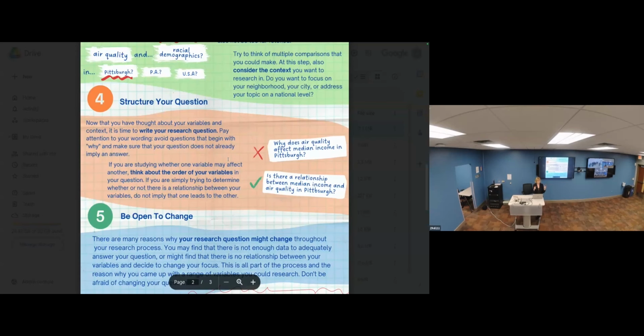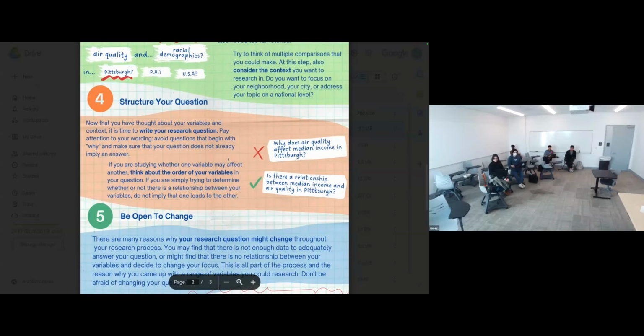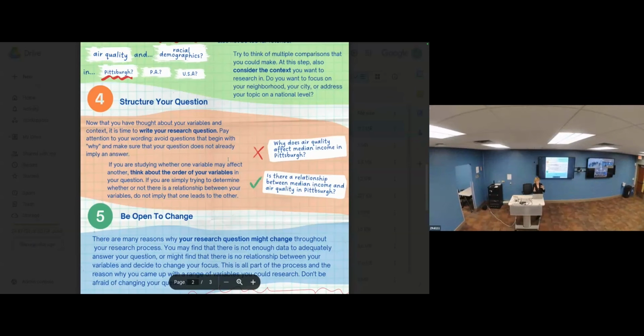We often suggest that you advise your team to identify a couple of research questions, because when they get down to the point of trying to find data, the data isn't exactly what they're envisioning it would be in order to answer their question. They have to change their question or try to take on a different question or modify it to fit the kind of data they can get.